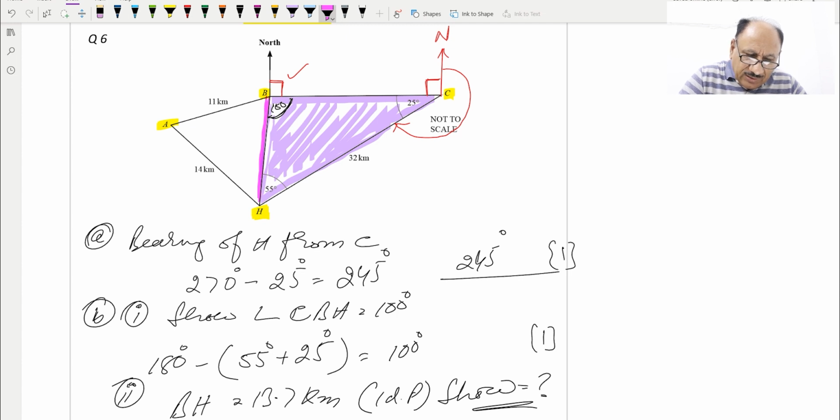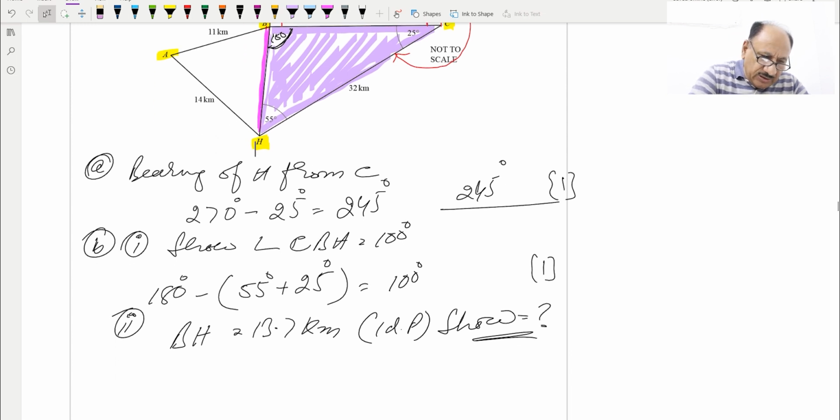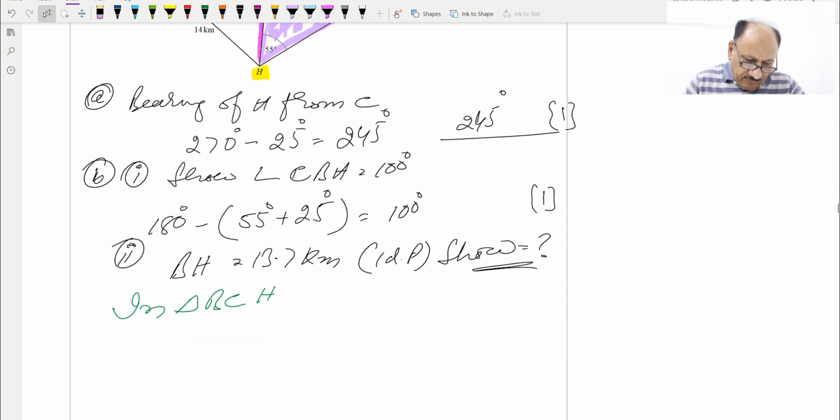So in triangle BCH, I will be applying the sine rule.